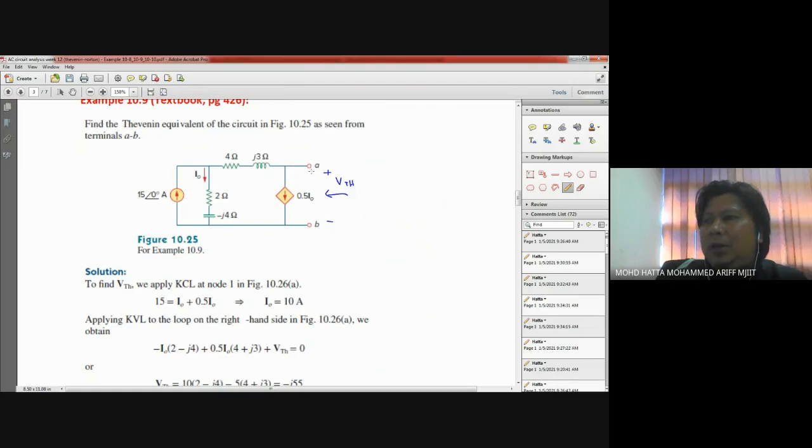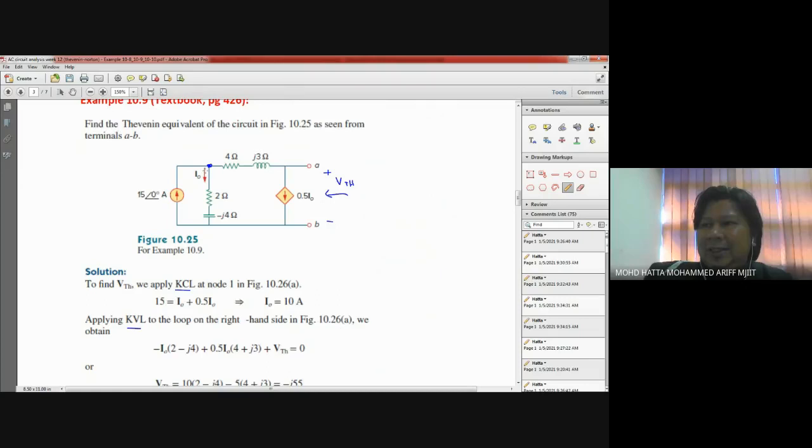You need to calculate the voltage across these two terminals. The way we calculate is that we apply both KCL and KVL. First one, we use KCL. Here, we focus on this point or this junction.